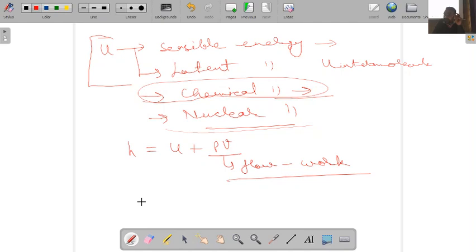For an ideal gas, and for water vapor, do you remember the superheated steam tables? If you have to locate a state in the superheated steam tables, how many properties are needed? Two properties. That is basic thermodynamics.